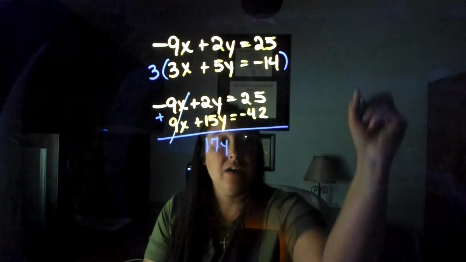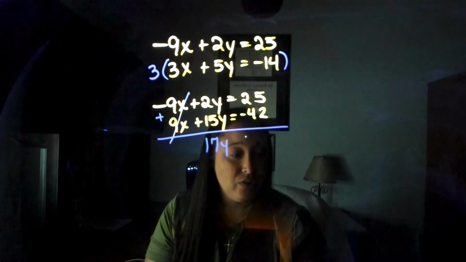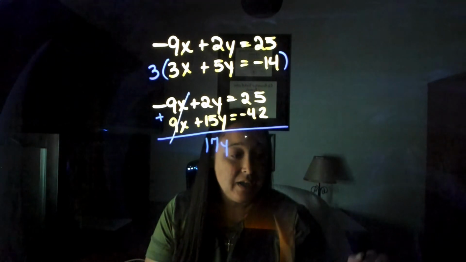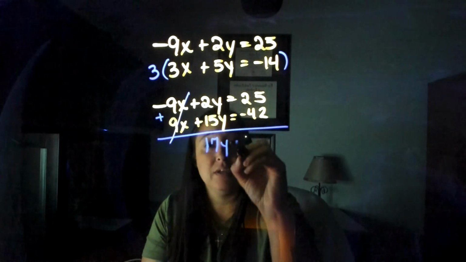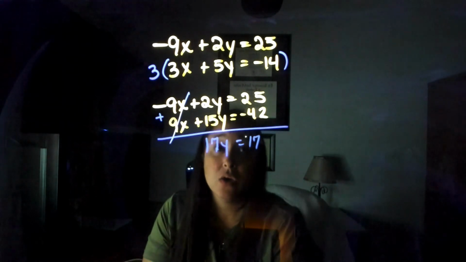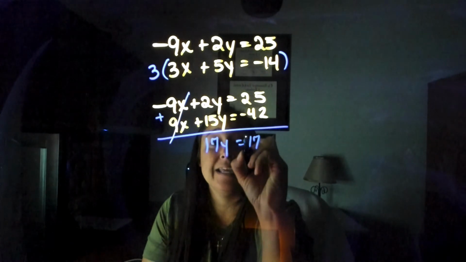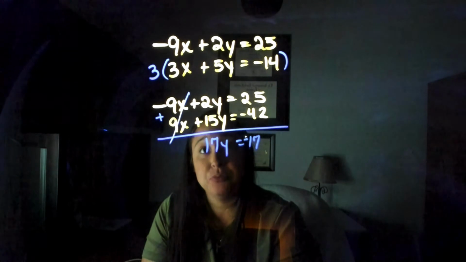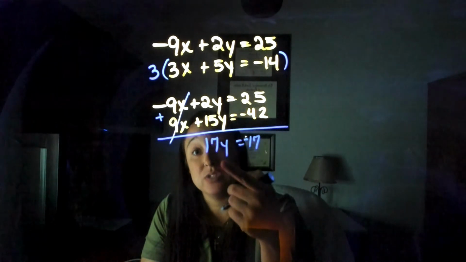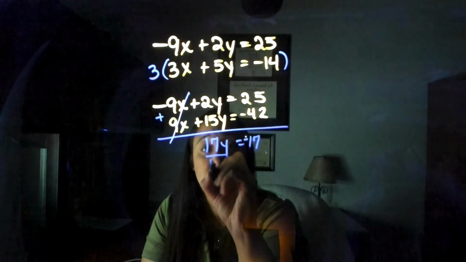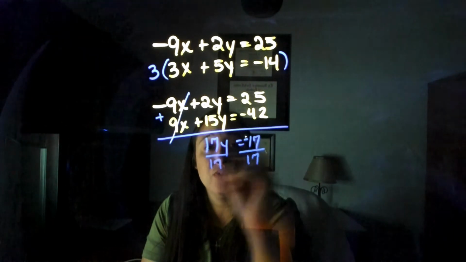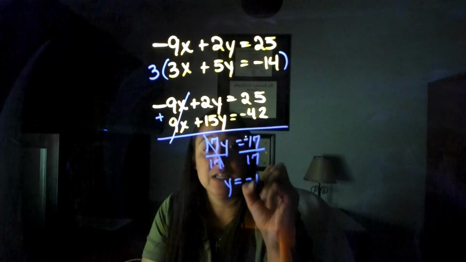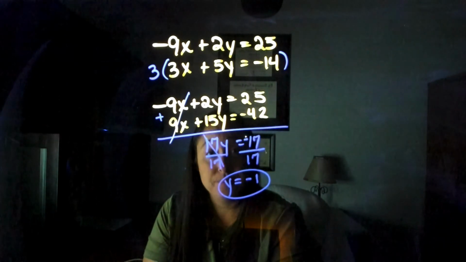And if I add 42 and 25, I really cannot add in my head, I am left with 17, actually a negative 17. So what you notice is that I eliminated the x variables there. The only variable left was the y, and because I only have one variable, I can easily solve for that by dividing both sides by 17, and that gives me that y is equal to negative 1.